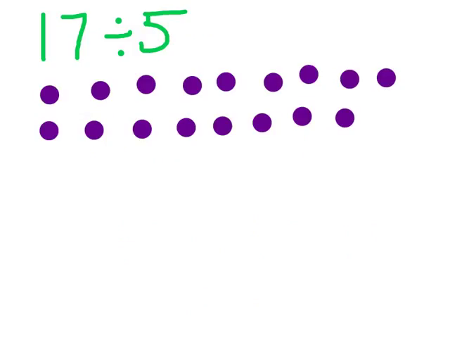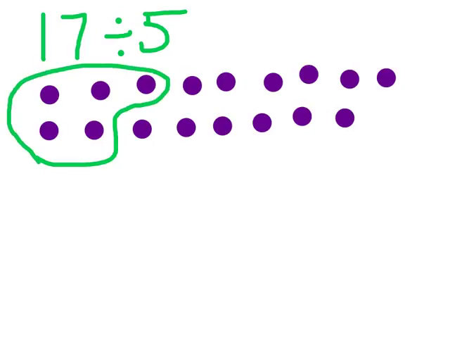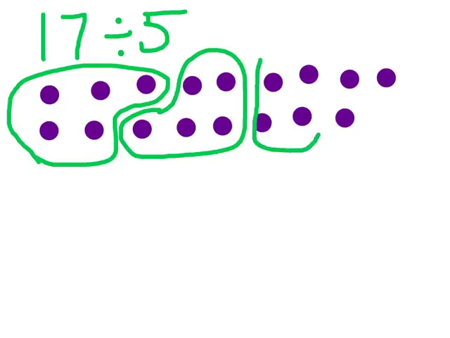So another way to do this question, 17 divided by 5, is to take 17 dots, as we have on the screen here, and divide them into groups of 5. So here's one group of 5, here's another group of 5, here is a third group of 5.